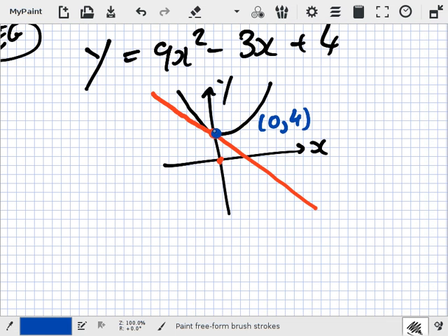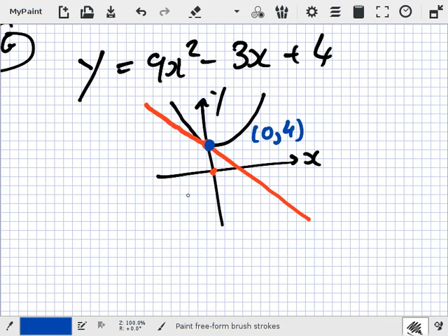So I'll give you a minute. I want the equation of this line. My hint is you need to think about the last question and what is special about a tangent line.